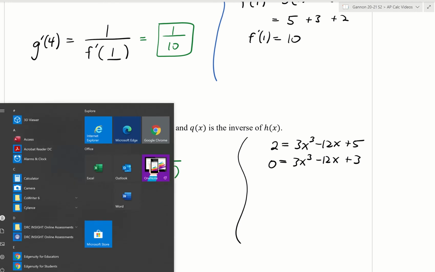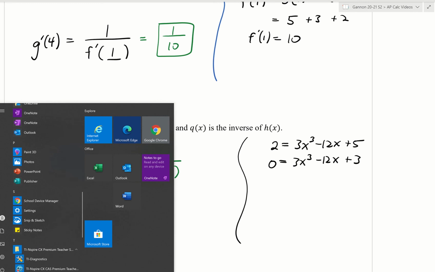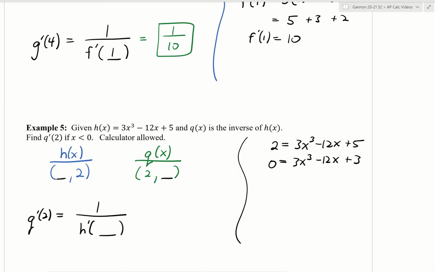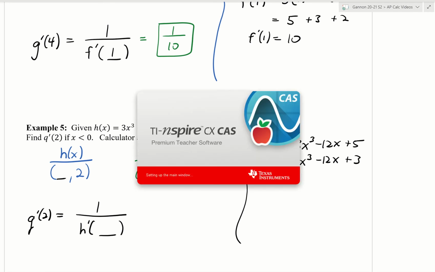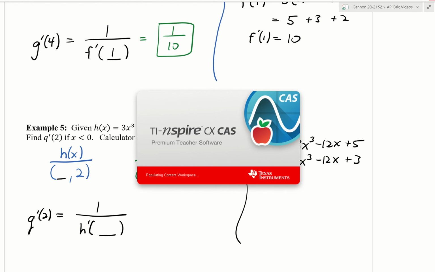So if we get our calculator out, we should be able to just use the solve function algebraically to find those values and then figure out which one to use.